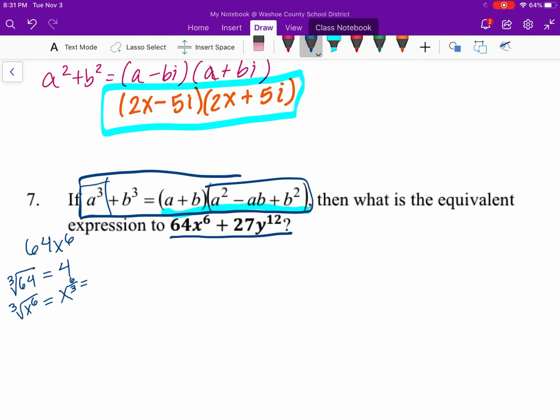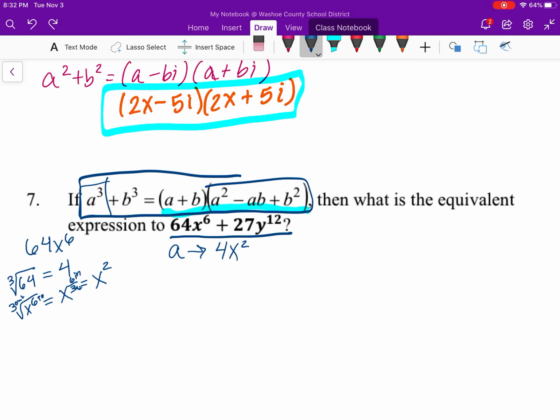Remember, in and out, this is my in, this is my out, and so I write it that way. So 6 divided by 3 comes out to 2. So my a is 4x squared, because if I were to raise this to the third power, I would get this. Just so you understand where that came from.